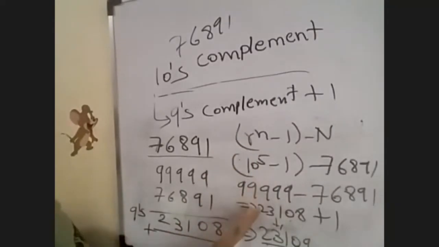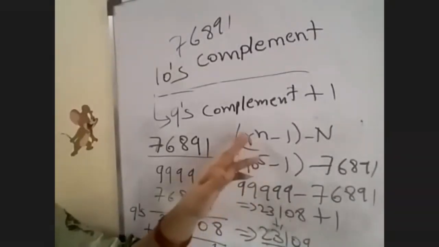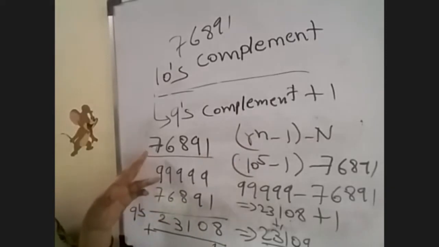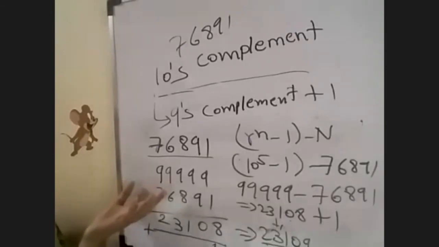So by using the formula you can apply this procedure, or you can forget the formula. This is the simple way you can find the tens complement or nines complement for these representations. This shortcut is used in competitive examinations also. There you have only 1 minute, and 50 seconds is enough to find this value, right?